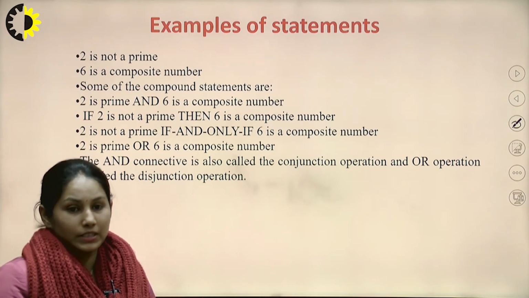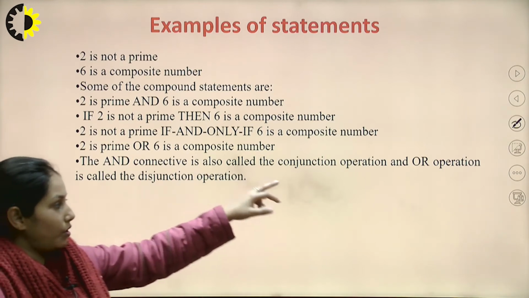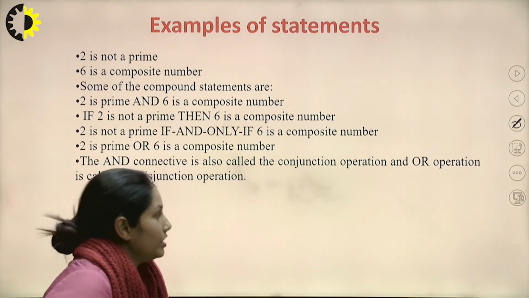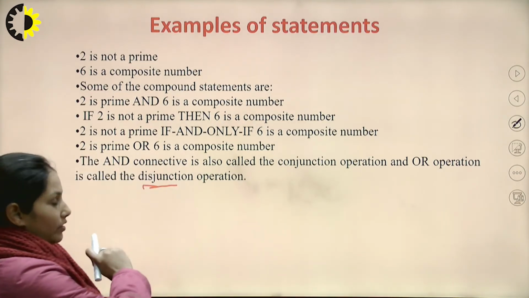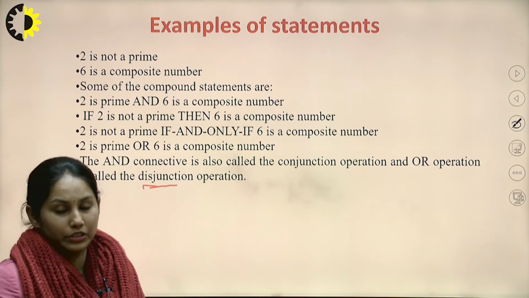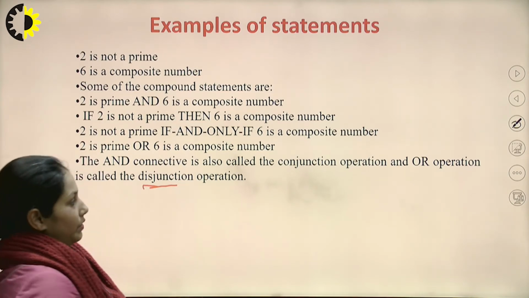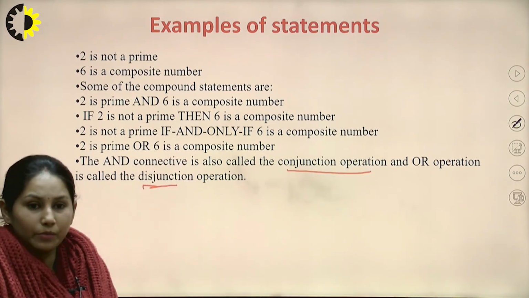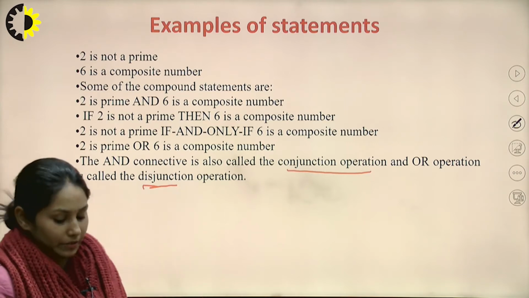The and connective is also called the conjunction operation, and the or operation is also called the disjunction operation. So there is a word for these particular connectives. If you are using the and connective, you are using the conjunction operation. And if you are using the or operation, you are using the disjunction operation.